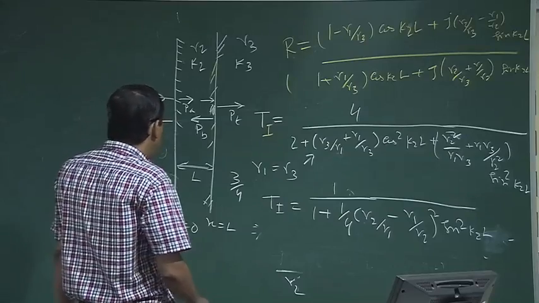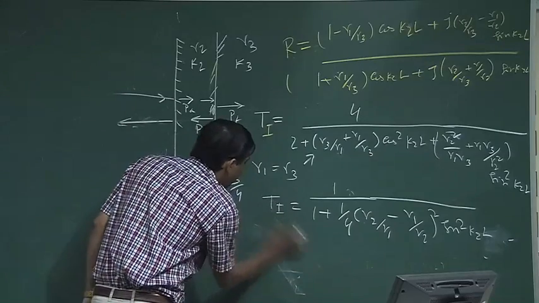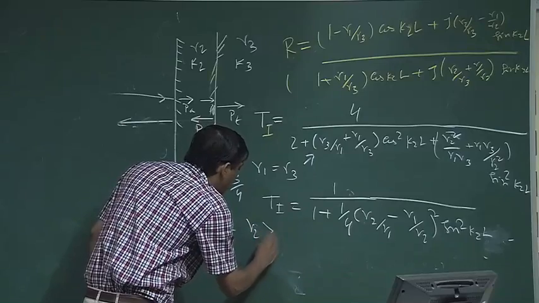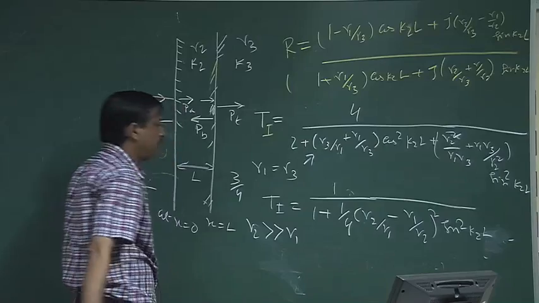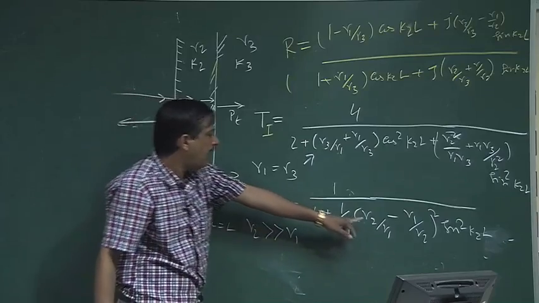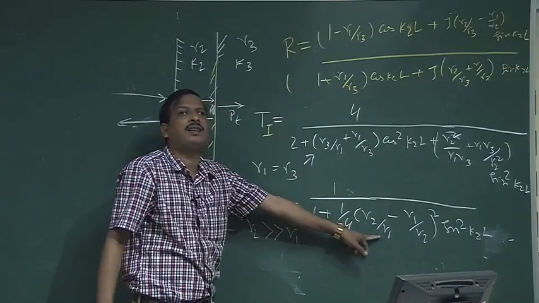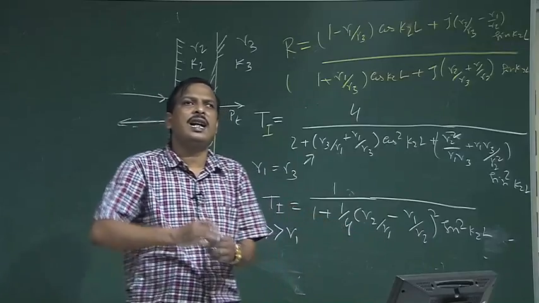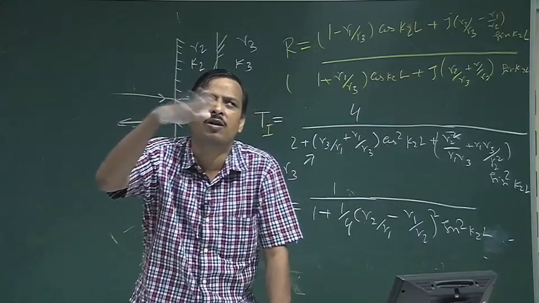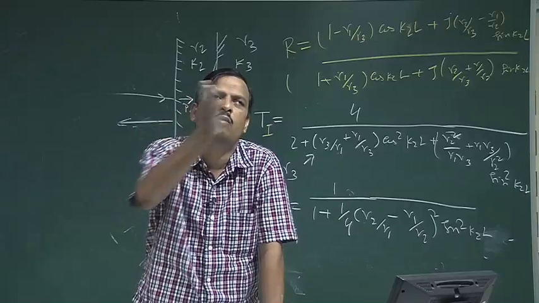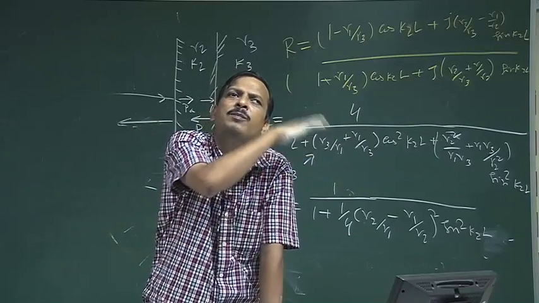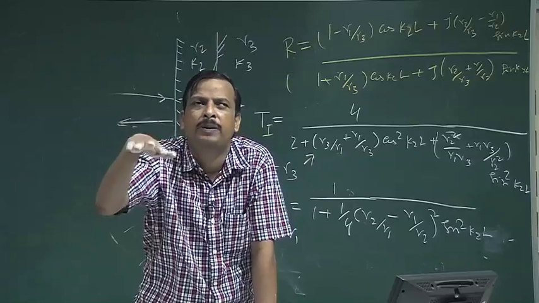Now, in this equation, if R2 is much greater than R1, what is the physical meaning? R1 is the acoustic impedance of the air, and R2 is the solid wall, so the impedance of the solid wall is much higher than the acoustic impedance of the air.